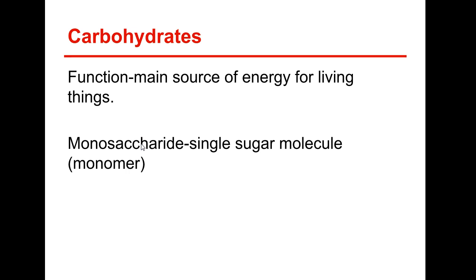A polysaccharide. Okay, so your monomer, monosaccharide, when I put a whole bunch of those together, I get a polysaccharide. And that's just common sugar that you guys see throughout your body. Don't think like the white granulated sugar that you see in the bag at the grocery store that you bake with. That's something that's a little bit different.